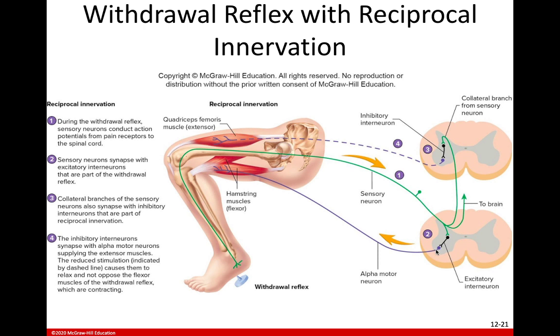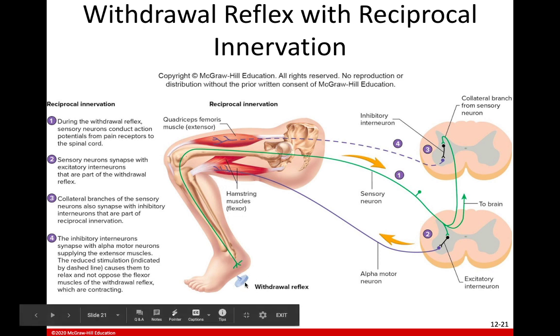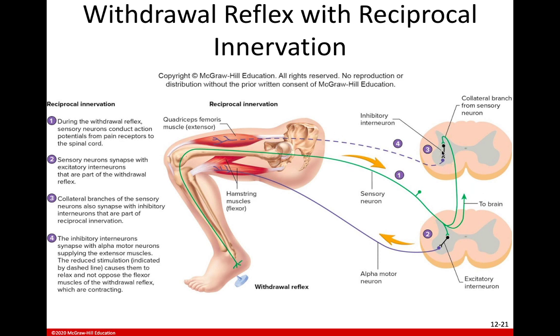Not only is it synapsing with excitatory neurons that are going to cause this alpha motor neuron to release excitatory neurotransmitters to cause this muscle to contract to pull our foot away from the tack, but we also see that this sensory neuron is synapsing with inhibitory neurons in the spinal cord as well to cause this alpha motor neuron to secrete inhibitory neurotransmitters to cause this extensor muscle to relax so that we can actually flex our knee here to pull our foot away from that tack, okay?